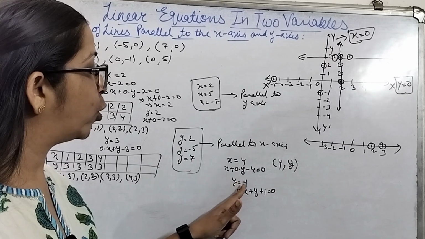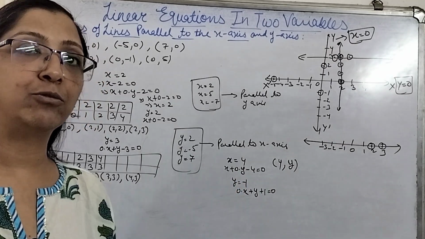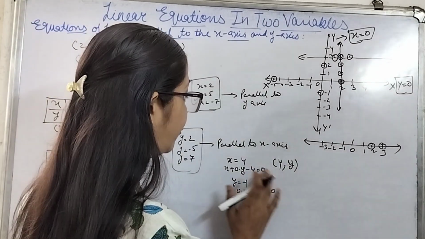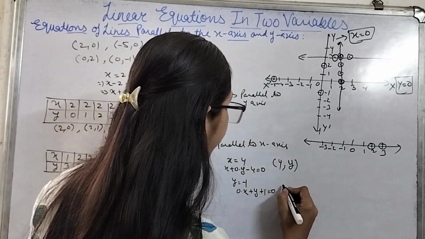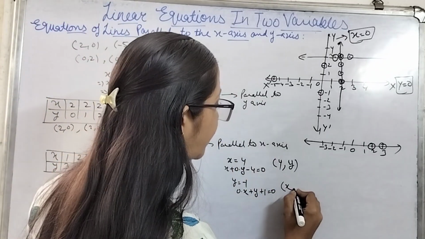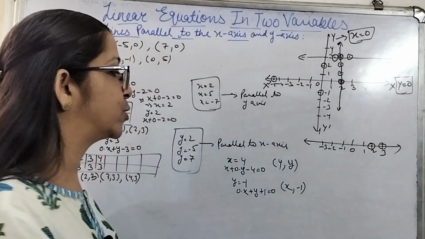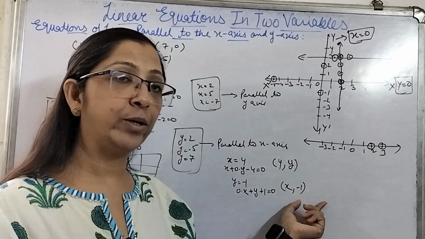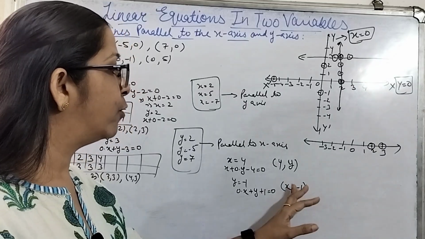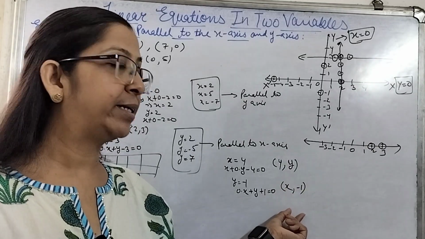The value of y will always be minus 1 only. So the solution for this type of equation will be (x, minus 1), because y stays the same whatever the value of x.